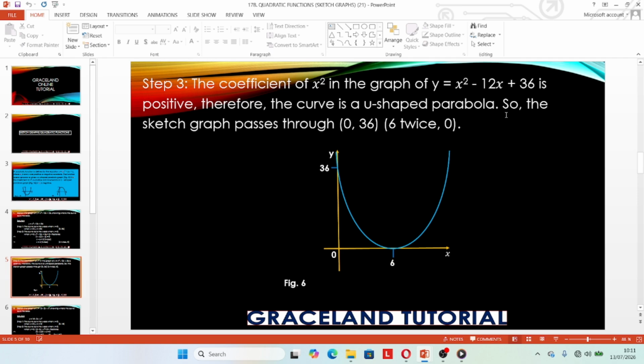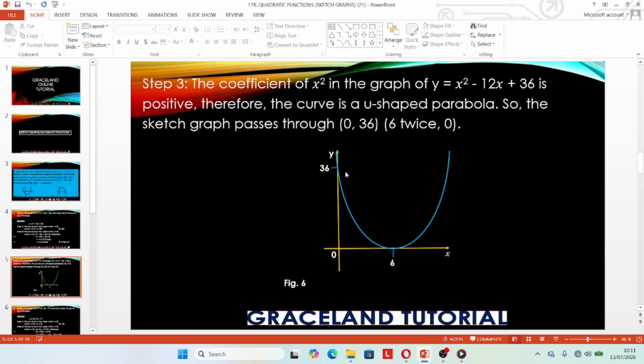Now, it's going to pass through 0, 36, and then 6, 0, meaning that when x is equal to 0, the curve is going to cut the y-axis at 36. And when y is equal to 0, the curve is going to cut the x-axis at 6.